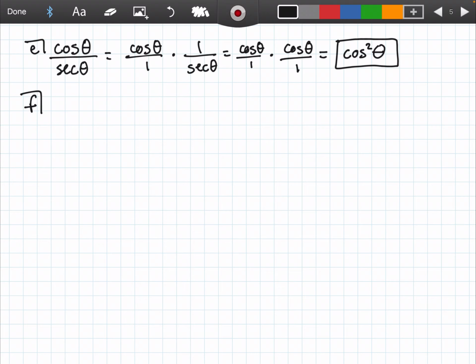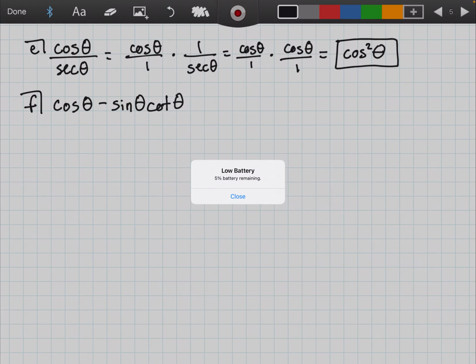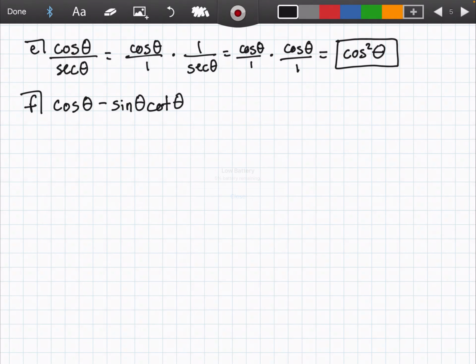I could give you, let's see, cosine theta minus sine theta times cotangent theta. That one looks fun. I'm going to leave that cosine theta out there by itself. Minus sine theta.